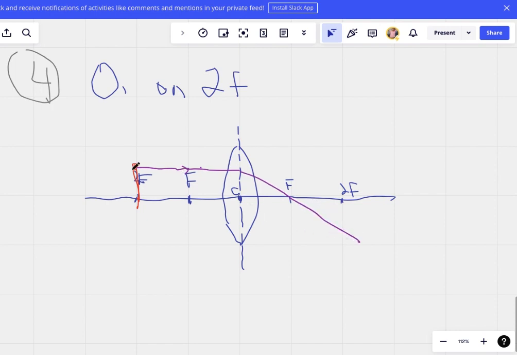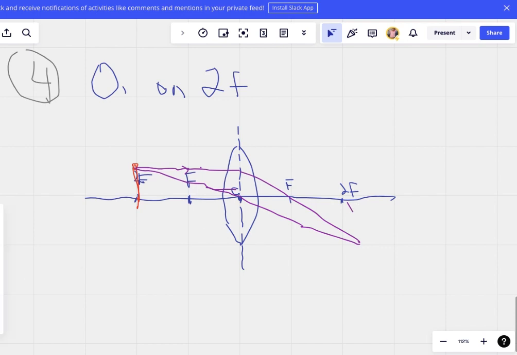Then another ray from this same candle is passing through the optical center. We meet somewhere here. So you can see that the image will be formed on 2F.